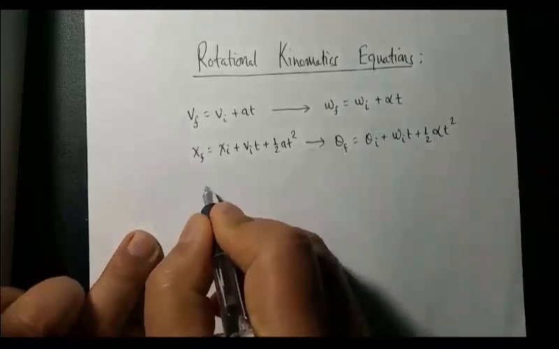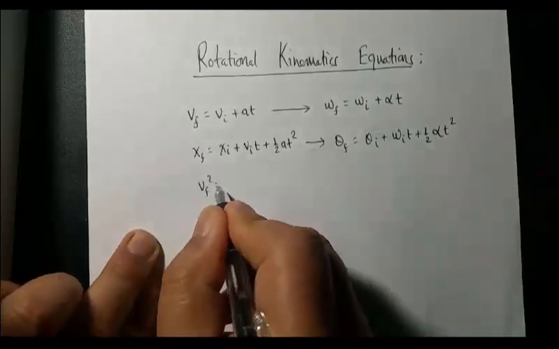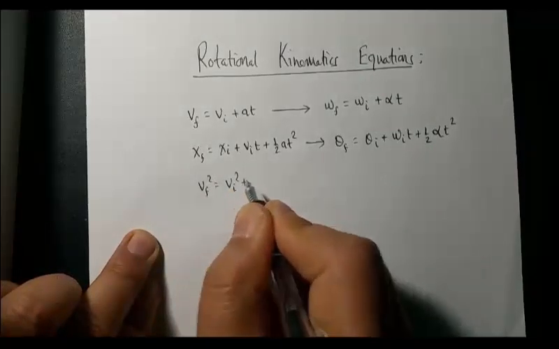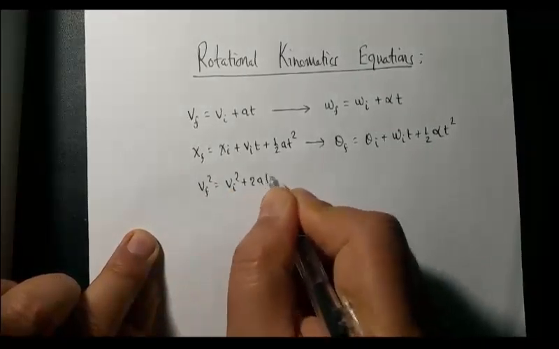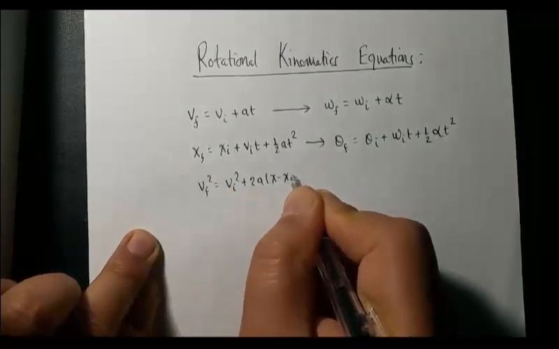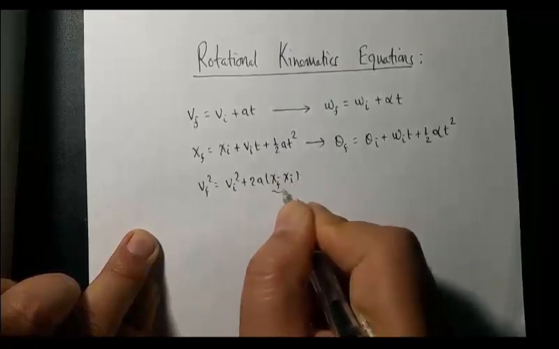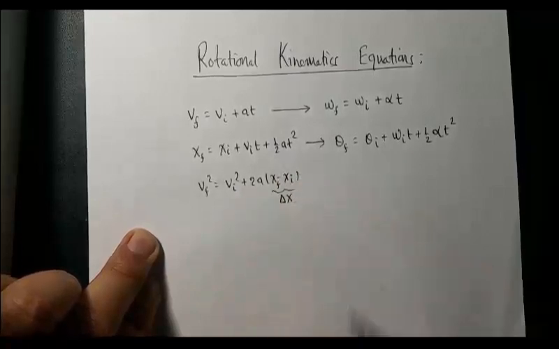One more: final velocity squared is initial velocity squared plus 2a times (x final minus x initial), which you can also call delta x.